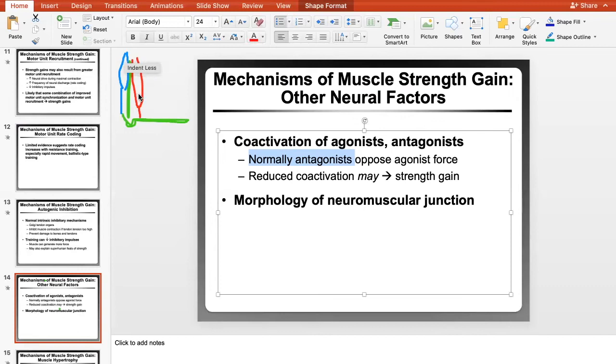Now, if my bicep is firing concentrically, that's going to result in my arm moving in this direction in a bicep curl. What slows that down? If nothing was slowing that down, then my arm would go into complete flexion and it would probably get jammed up against my joint.